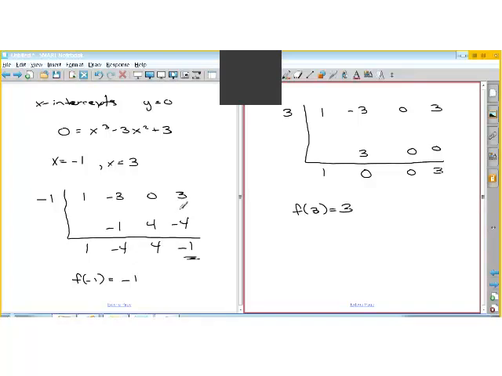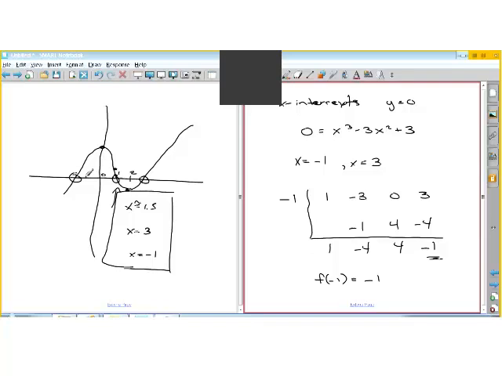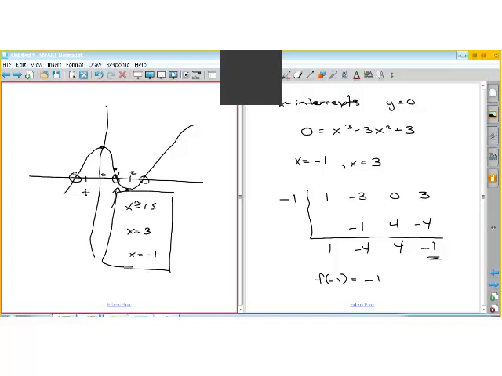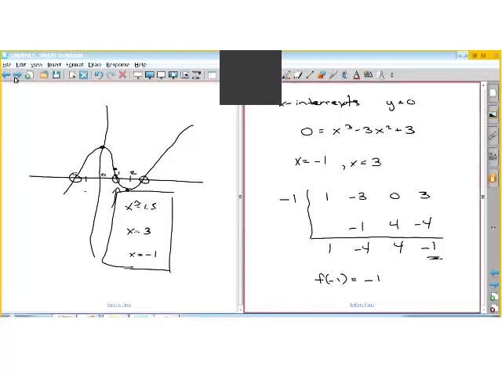So I'm just going to look at this. Let's just go back to our graph and see if those make sense or not. So it says when x equals -1, we go to -1. And the other one was when x equals 3, we get +3. Now the question is, am I doing this right? Did I do the wrong sign again?